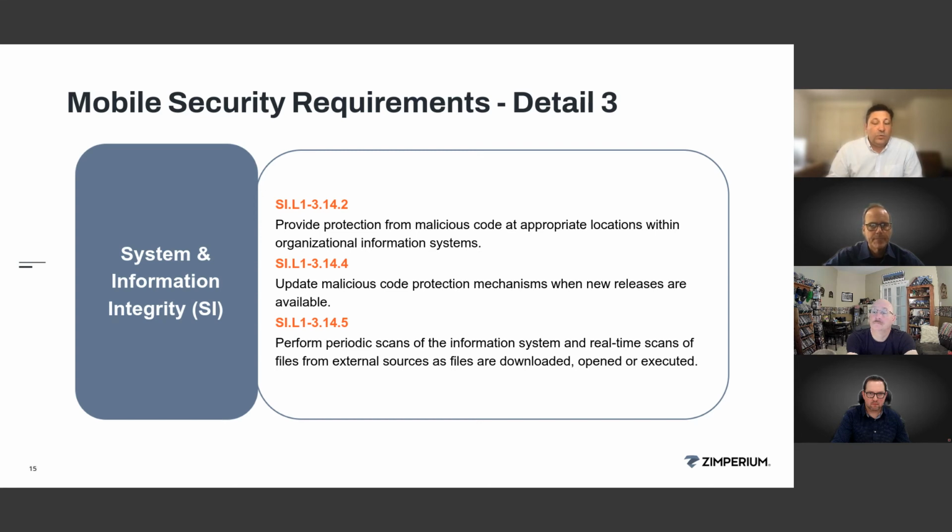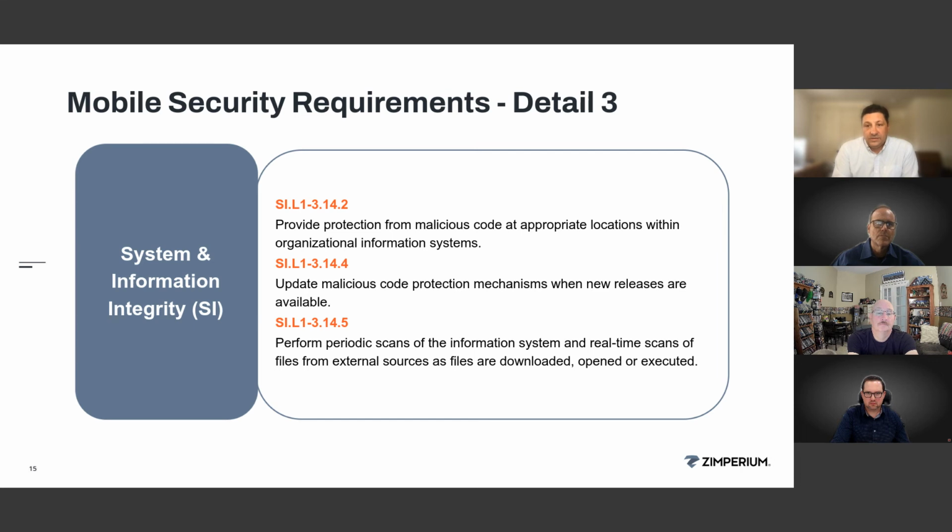When you go through the CMMC document, they have an assessment consideration which specifically says for any system, and they call out mobile devices, workstations, servers, gateways, and mobile devices, malicious code protection must be provided, identified, and documented.